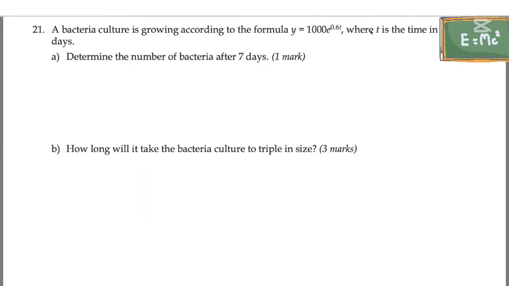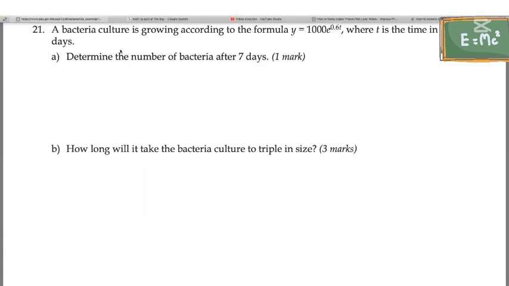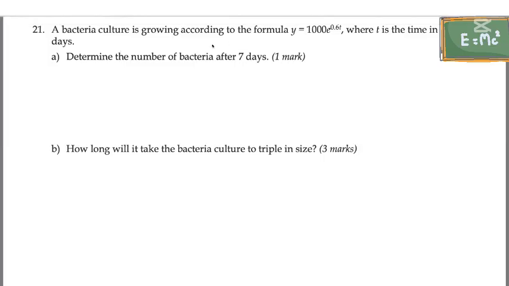Here we go. This is another question. A bacteria culture is grown according to the formula y equals 1000 e to the power 0.6 t, where t is the time in days. Determine the number of bacteria after 7 days. This is straight plug-in. So y is the number of bacteria. So y equals 1000 e to the 0.6 times the time, which is 7 days.